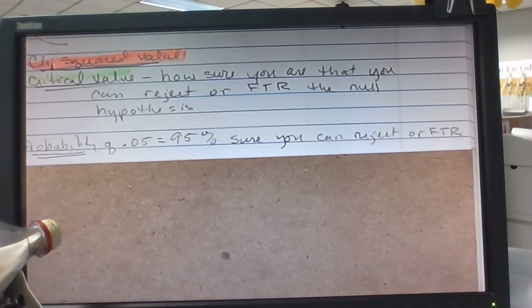A probability of 0.05 means that I'm 95% sure that I can reject or fail to reject. There's always going to be some weirdo piece of data that's going to throw me outside of that 95%, but 95% is relatively well assured.